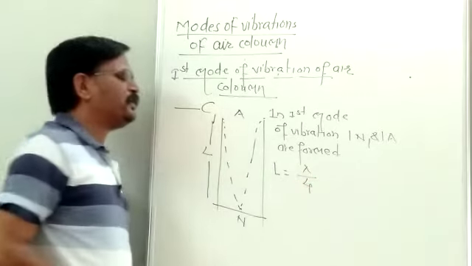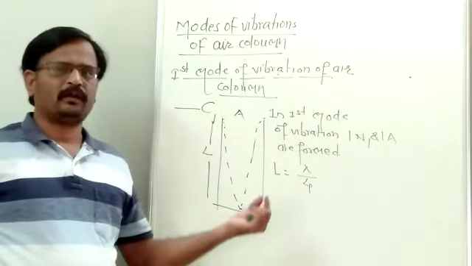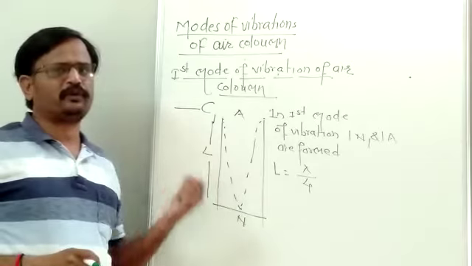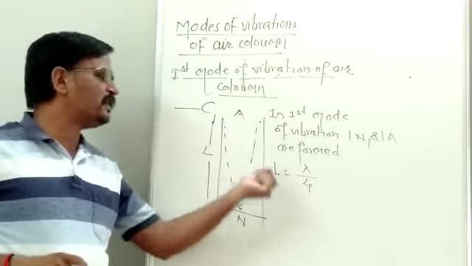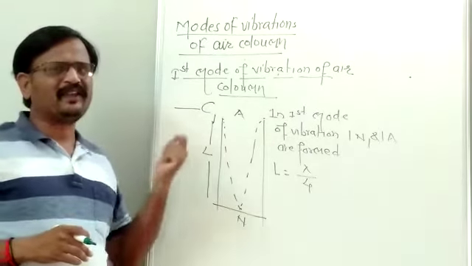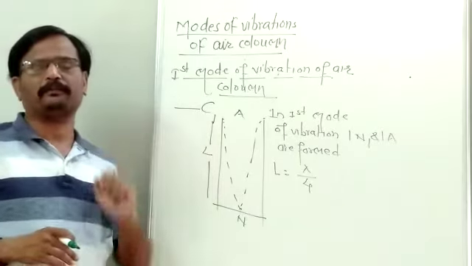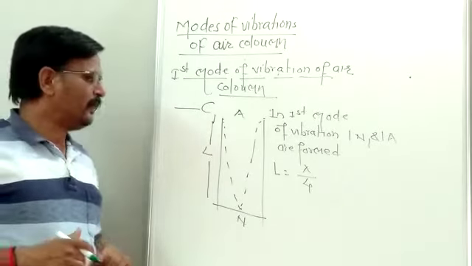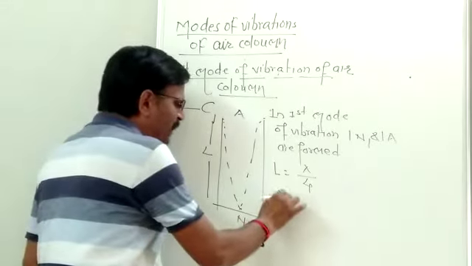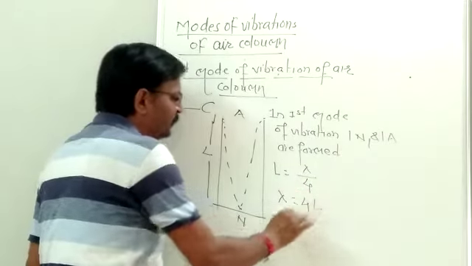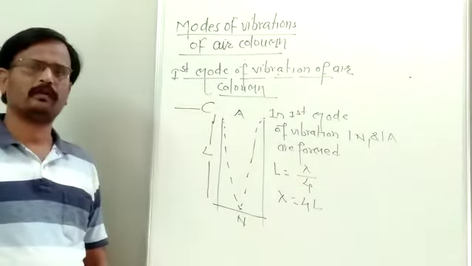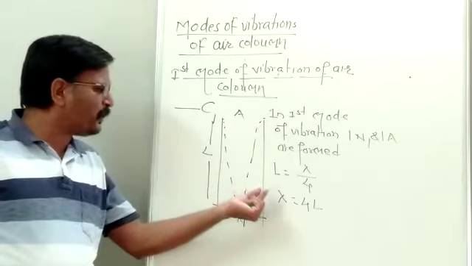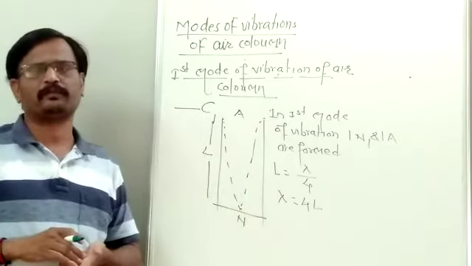As we have learned in the previous period, the distance between one node and one antinode is lambda by 4. L is the length of the vibrating air column. Then lambda is equal to 4 into capital L. This is the corresponding wavelength of the vibrating air column.